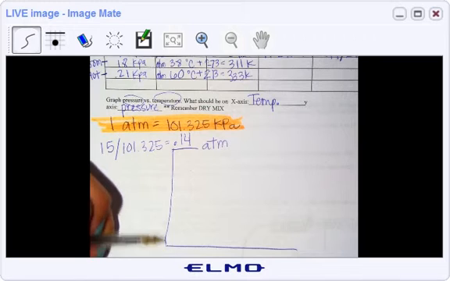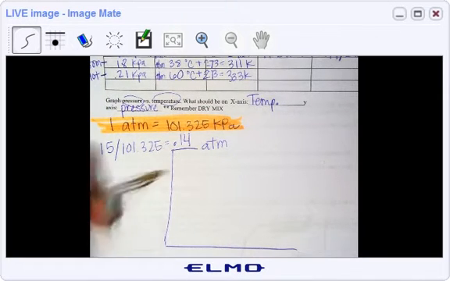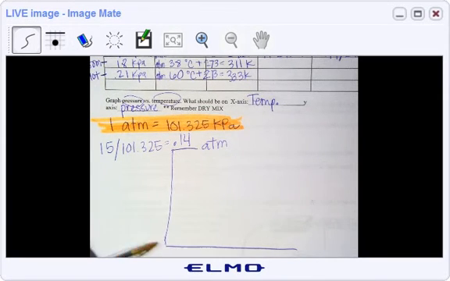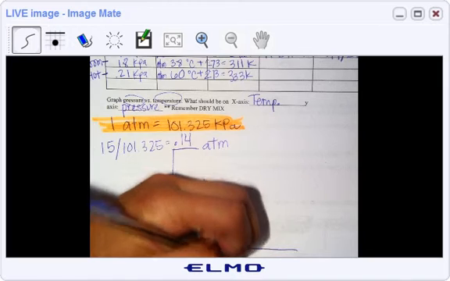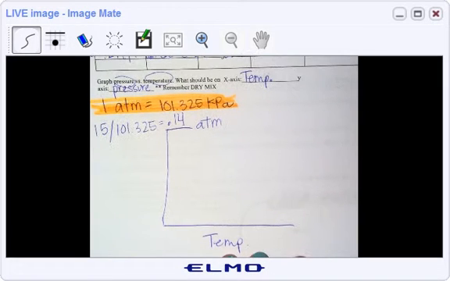Is the x-axis up or is it horizontal? Anyone? Temperature goes on the bottom, and you need to do this on your full-size graph paper. Okay? I'm not sure what your numbers are, so you need to figure out how to space it accordingly to your data.